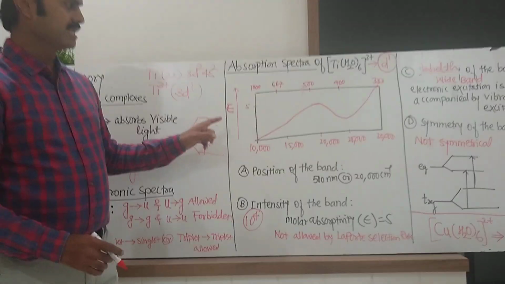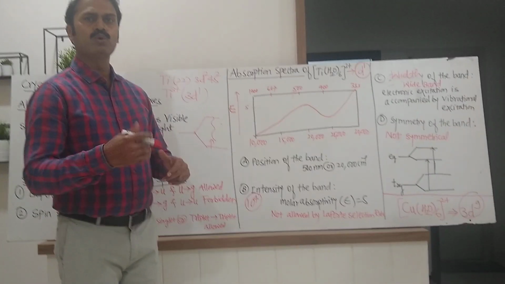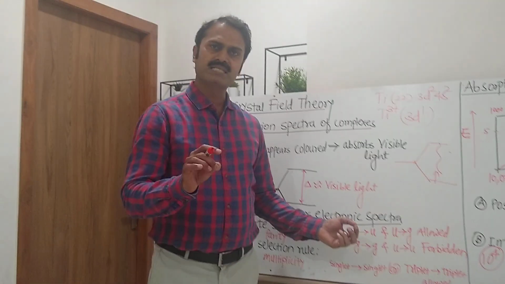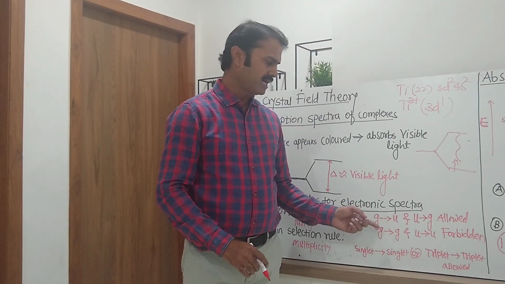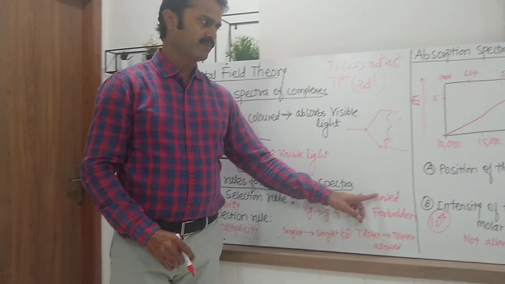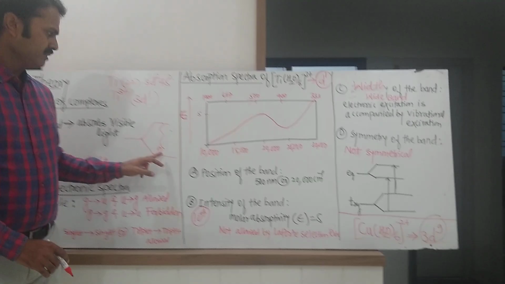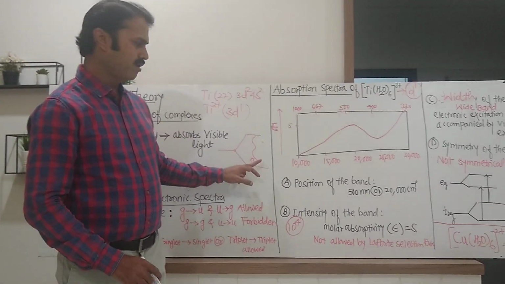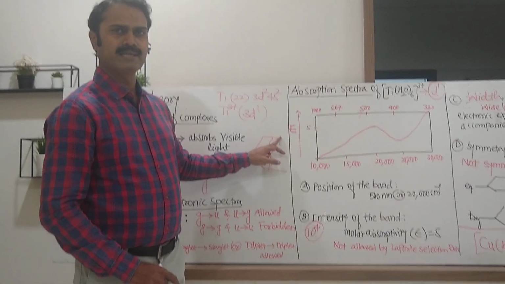According to Laporte selection rule, only those transitions are allowed in which parity, meaning symmetry of the orbital, changes. g to u or u to g are allowed. In this transition, one electron is excited from lower d to higher d.